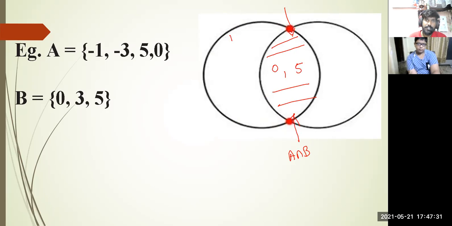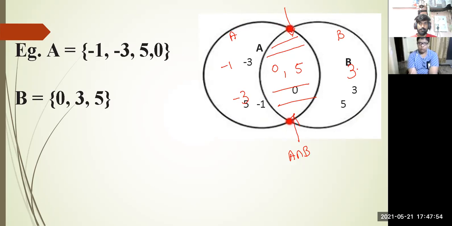This I'll call A and this I'll call B. What elements here? -1 and -3. What about here? 3. Correct. So this is my Venn diagram for this example. Is this clear, the Venn diagram?